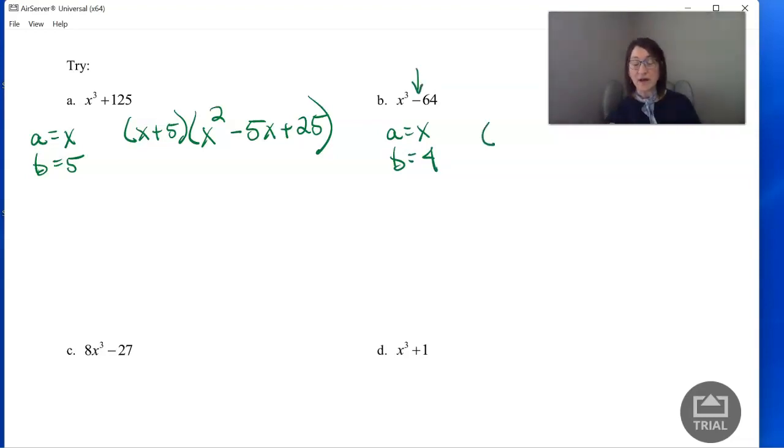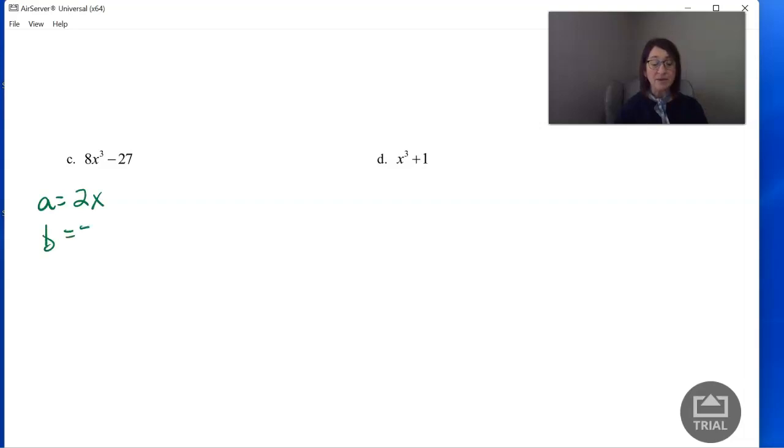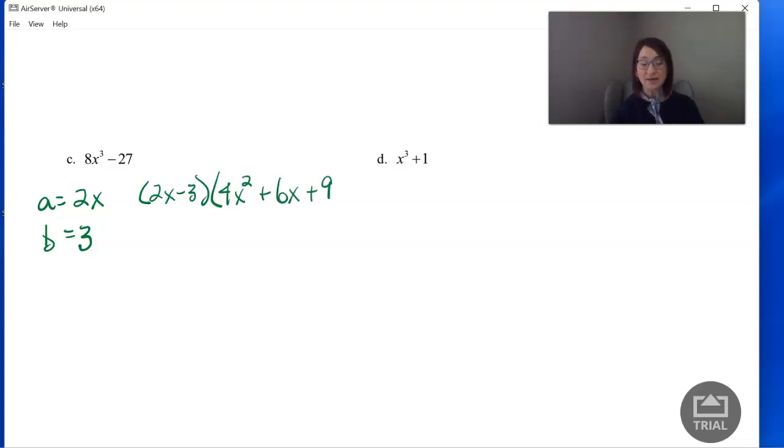So this is going to give us x minus 4, x squared plus 4x plus 16. All right, now this next one. Our a is 2x. Our b is 3. So the factored form is going to be 2x minus 3, 4x squared plus 6x plus 9.